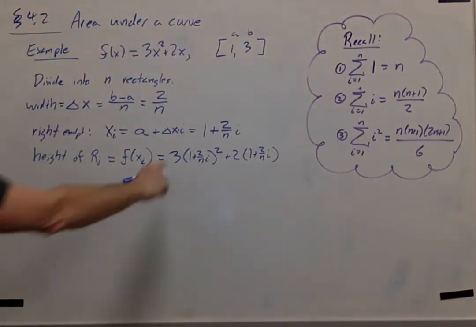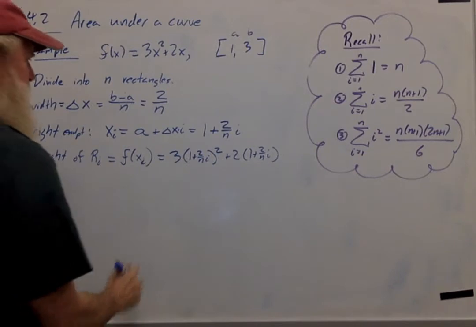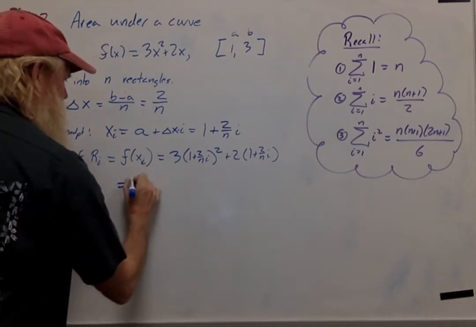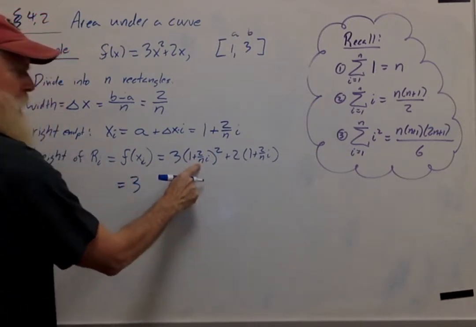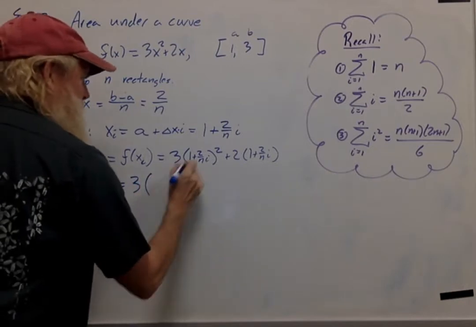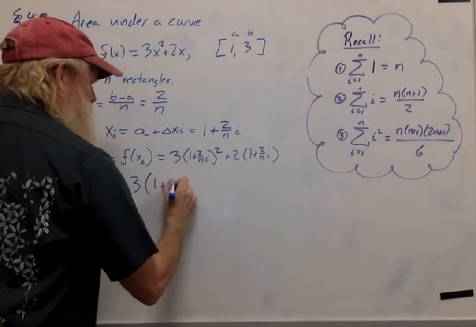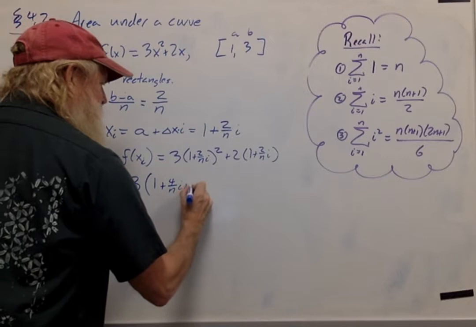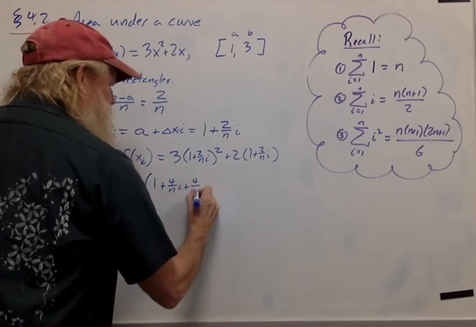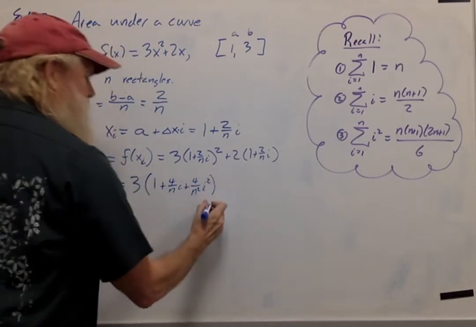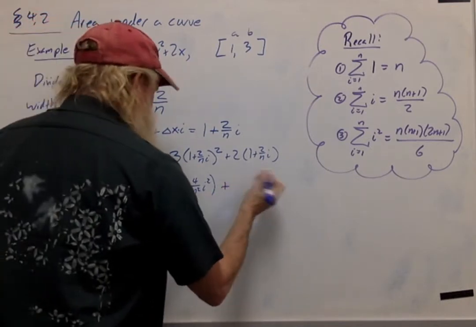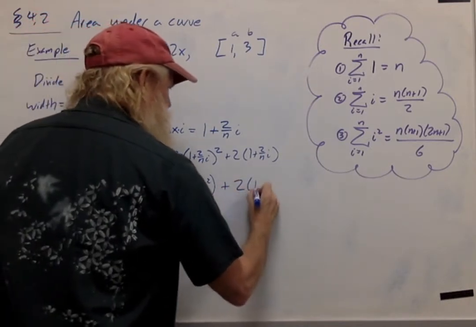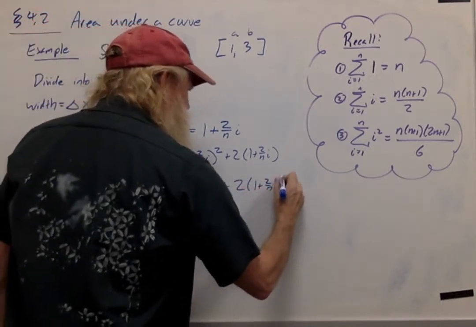So let's do some algebra to expand this out before we move to the next step. Foiling this binomial out, I'll have 1 plus 4 over n times i plus 4 over n squared i squared, plus 2 times 1 plus 2 over n times i.